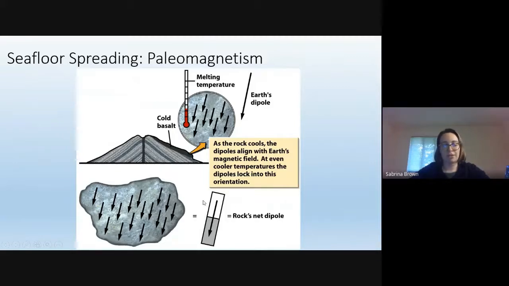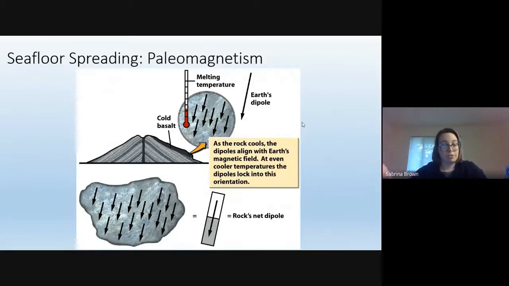And so what that means is that the iron minerals are indicating where the Earth's magnetic field was when that rock cooled. This is super useful to understanding seafloor spreading, but it's also super useful in understanding a lot of other things in geology and in archaeology.